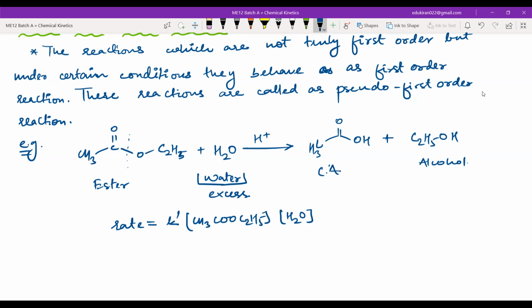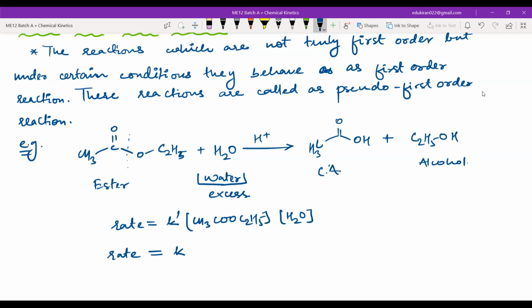But throughout the reaction, the concentration of water does not change significantly. A very small amount of water, which is used as a solvent, is consumed. That is why this H2O also becomes a kind of constant.